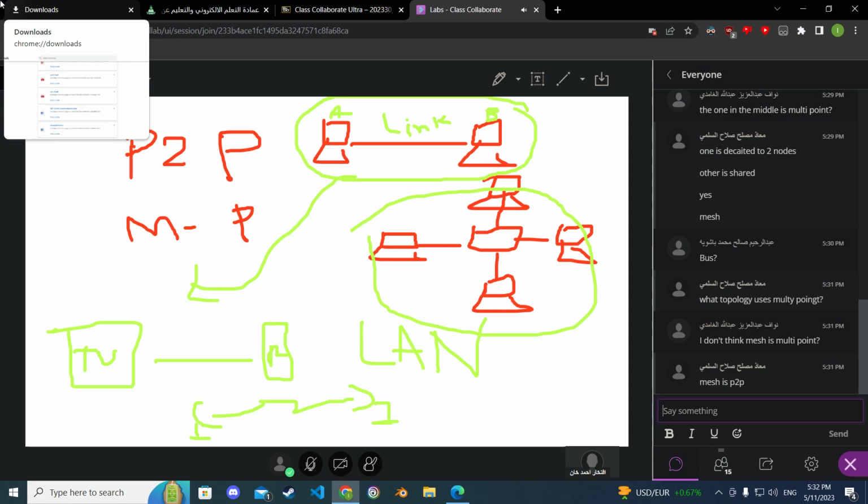From server to workstation can also be point-to-point, like one dish to another dish.